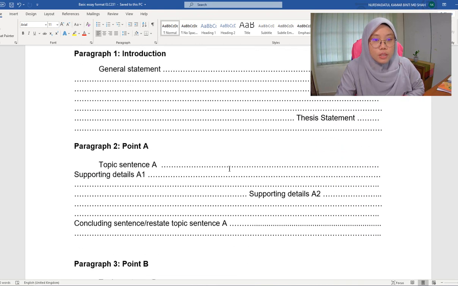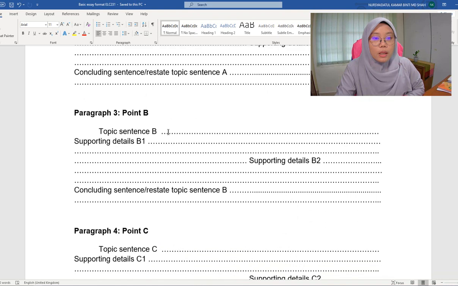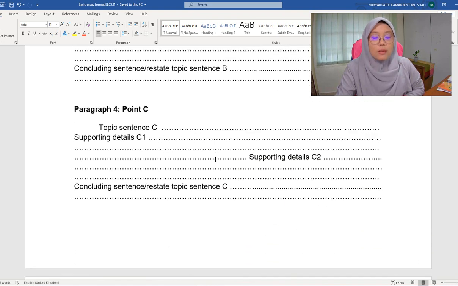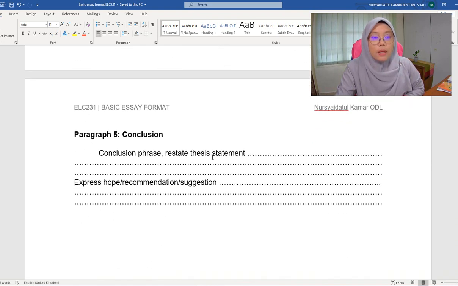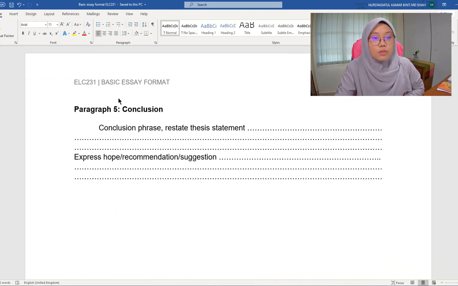Now, after you have finished writing your point A, point B, and point C, your body paragraphs, the last paragraph is your conclusion paragraph. In your conclusion paragraph, first you need to have a conclusion phrase, for example, in conclusion, in short, to conclude.